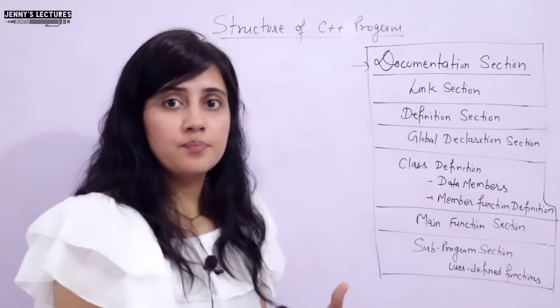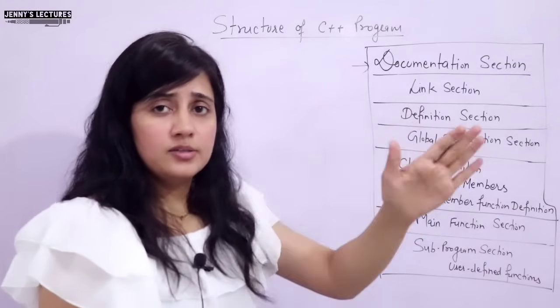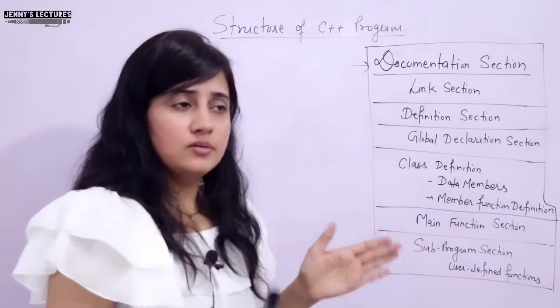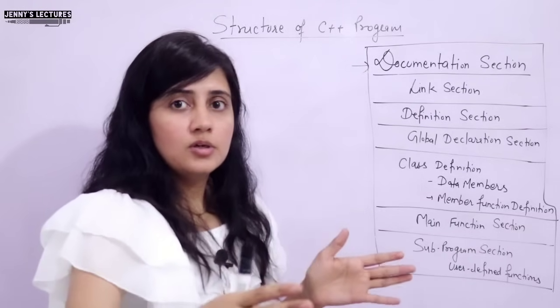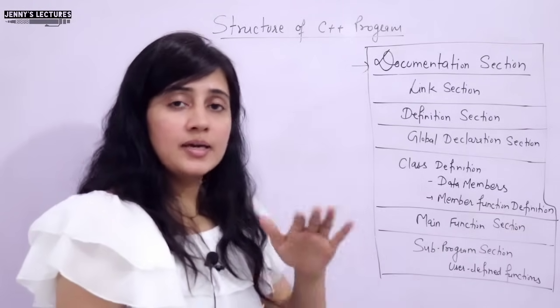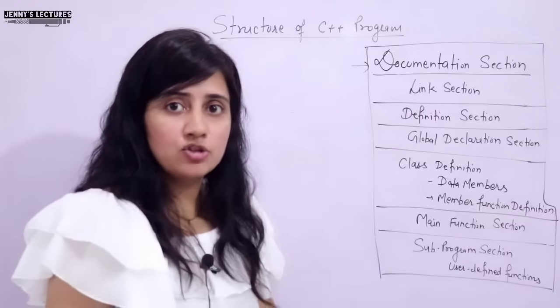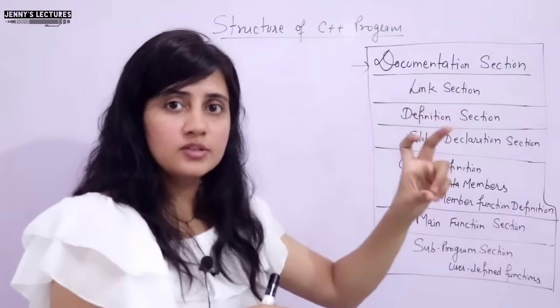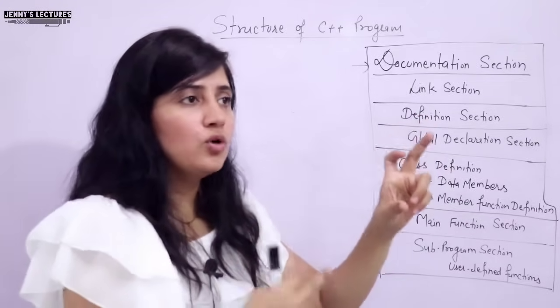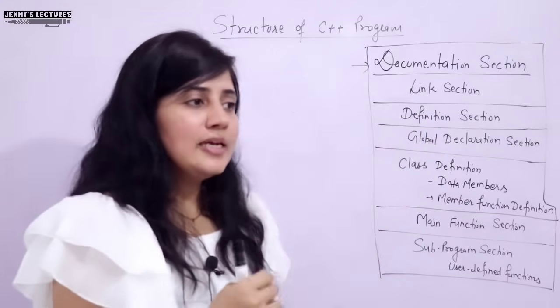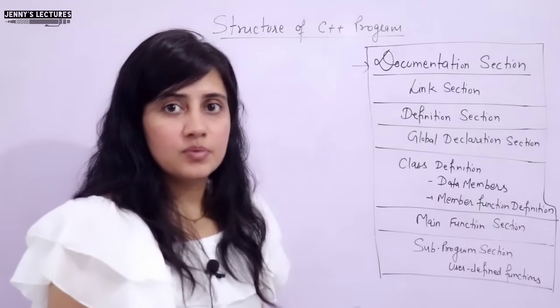If I have written a program, like author is Jenny, date is this, and this program is a program to add 2 numbers, you do not need to see the actual program. You just see the documentation section, and you will know who is the author of this program, the date of writing, and what this program is all about. So, it increases the readability and maintainability.